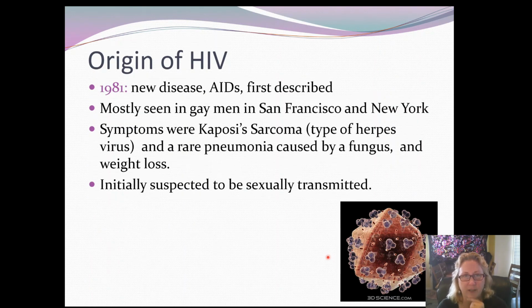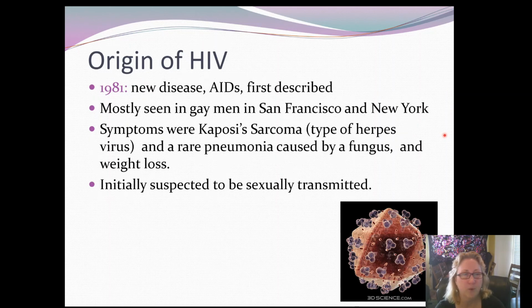So where did HIV come from? It's a new disease. It was first noticed by science in 1981, and it was only noticed because a few doctors had multiple patients with the same assortment of weird disorders.